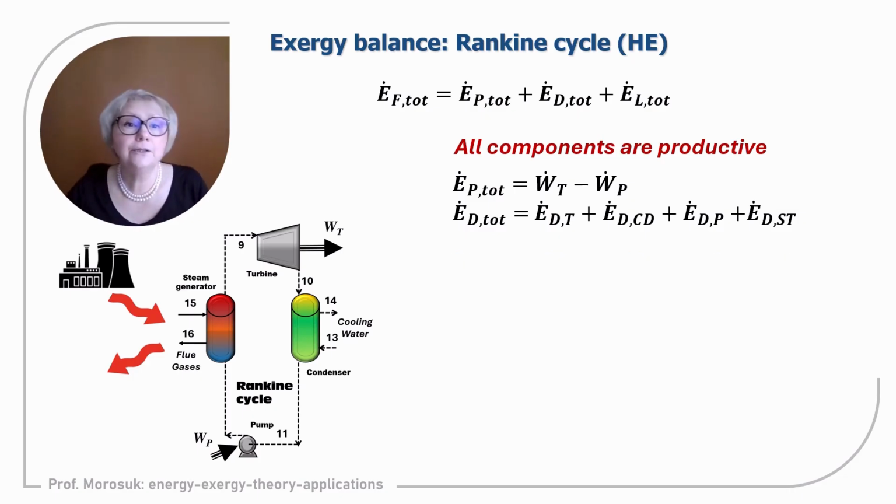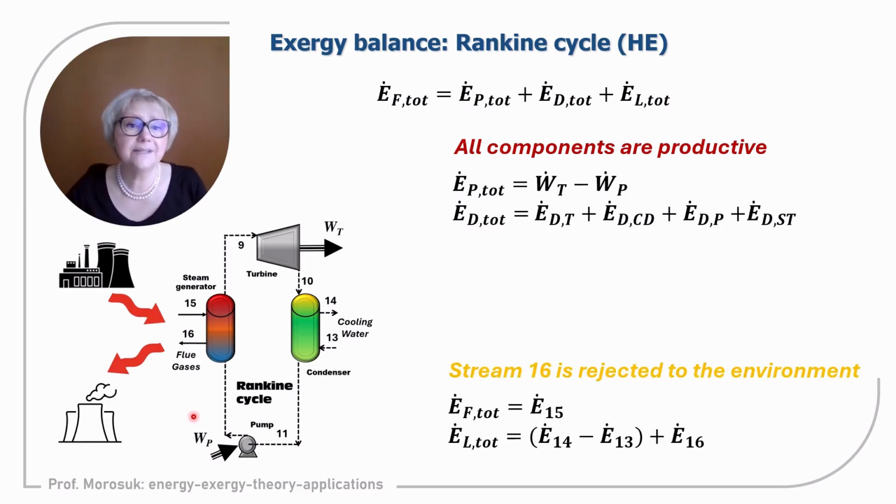Let us use a more realistic case, where we take stream 15 from an energy conversion system and we use it until 16, but after that no one will use this stream anymore, and stream 16 will be rejected to the environment. Then for us, fuel of the overall system will be only stream 15, and stream 16 will already be losses of the overall system.